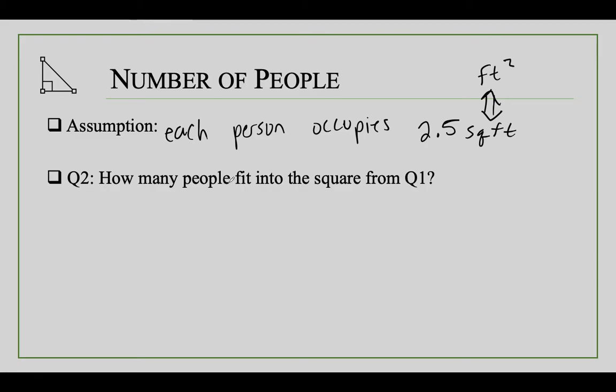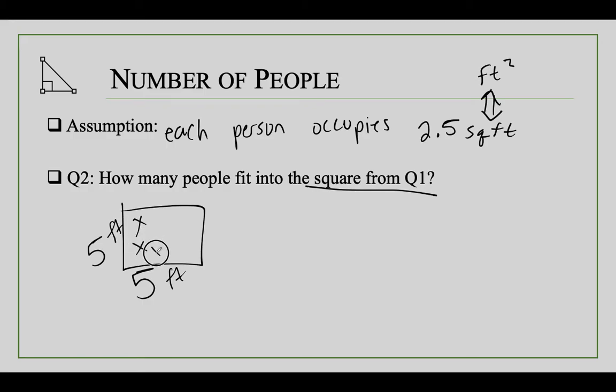So with this information, now I can estimate how many people fit into the square from Q1. Right, so I have this square that's 5 by 5, and I'm trying to figure out how many people I can fit into this square.